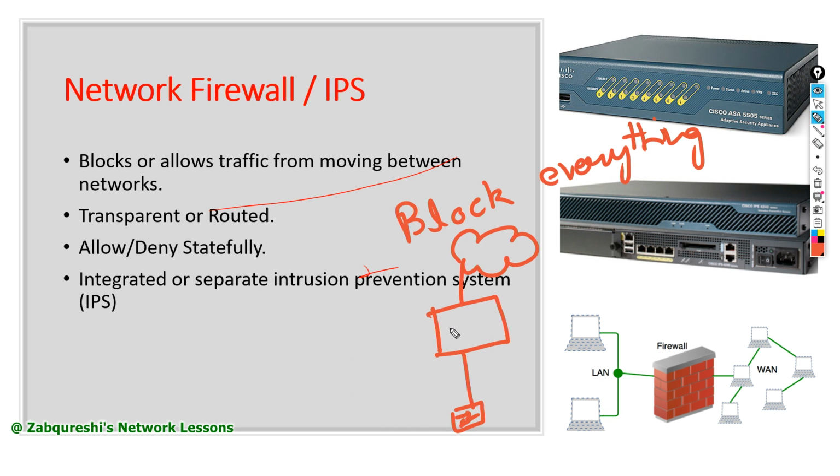But the main purpose of the firewall is to block traffic, and whatever we want allowed, we have to explicitly poke holes in the firewall. So this traffic should come in, this traffic should go out, and certain traffic should be denied. That's the working of a firewall.